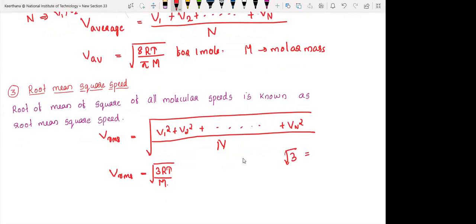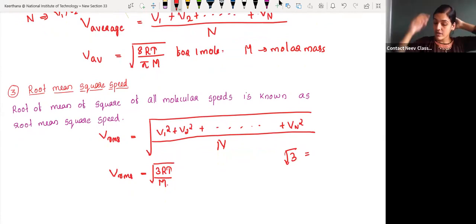Which one is having high magnitude, or which one is having high value at a certain temperature? If I'm fixing the temperature, V average, VMP, and root mean square speed, which one will have the high value? Yes, it is root mean square.